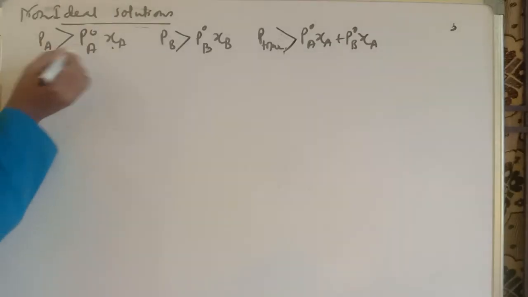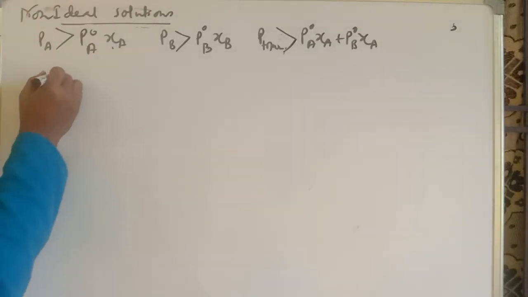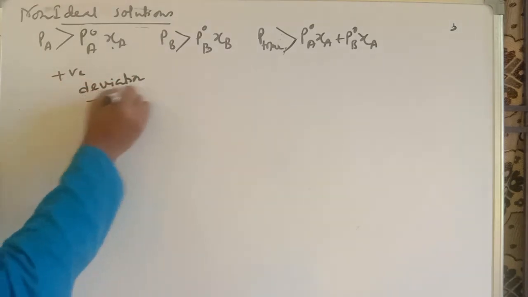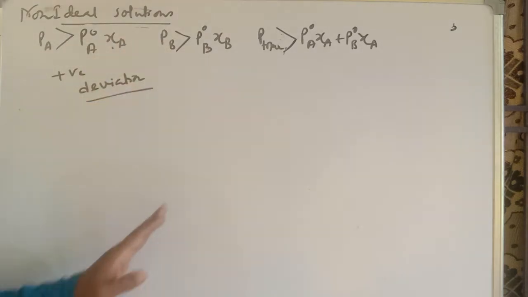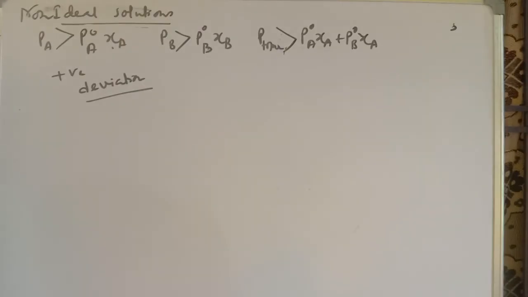If PA is greater than P naught A XA, then it will be called a non-ideal solution showing positive deviation. This means that the actual vapor pressure of the component as well as the total vapor pressure will be more than those calculated from Raoult's law. This is called positive deviation.